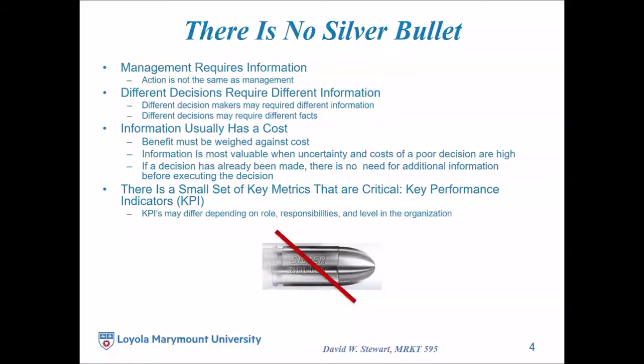These are often referred to as KPIs, or key performance indicators. But they will vary depending on the firm, depending on its business model, depending on who is using the information. So your KPIs may be somewhat different than the KPIs for somebody in a different part of the organization.